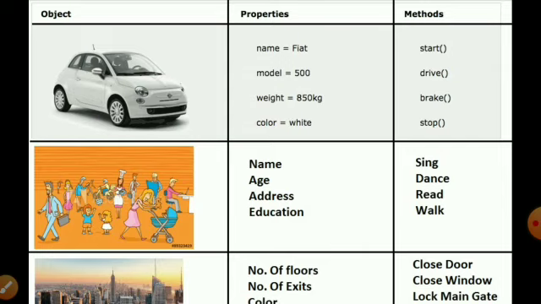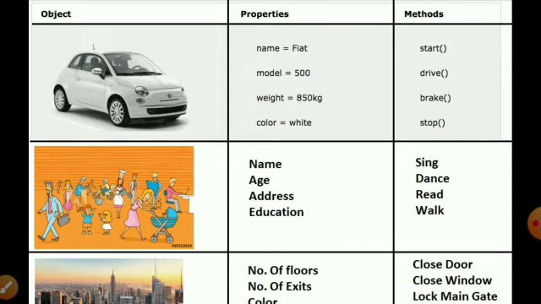Let's see the second example. In the second object, you can see that there are people, right? So people, what kind of attributes are associated with people? You'll have name, age, address, educational qualification.